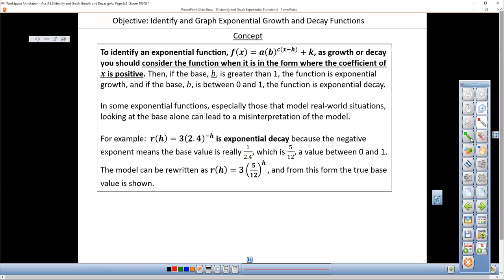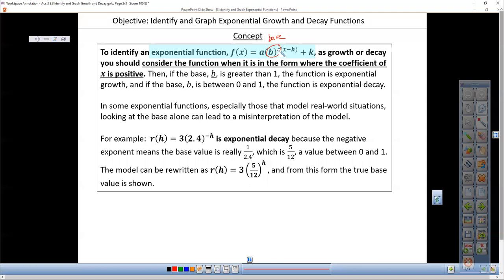All right, so this gives us just a reminder of an exponential function structure shown here, showing our parameters of a and h and k, and then also c. So one of the key things to remember is that b to the power of c, that's our base. So you can't just look, say, at the normal b value, base value in the parentheses, and be certain if you have growth or decay.